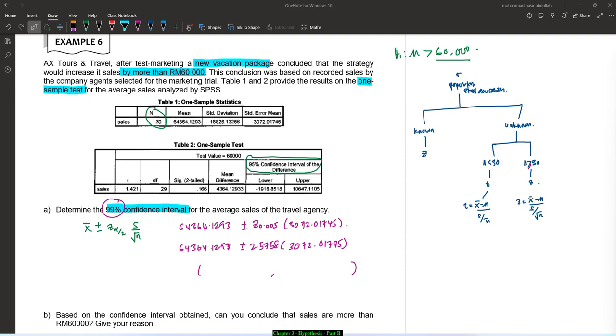So Muhammad Imran, what is the answer? What is the answer for the lower confidence limit? Recalculate.